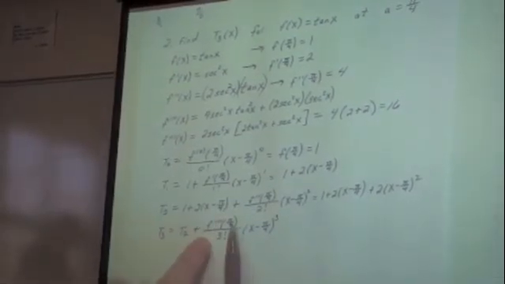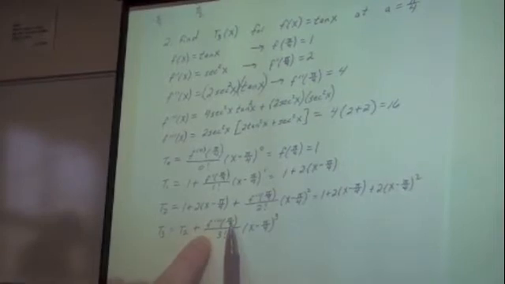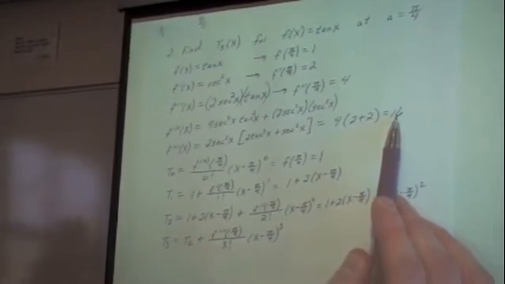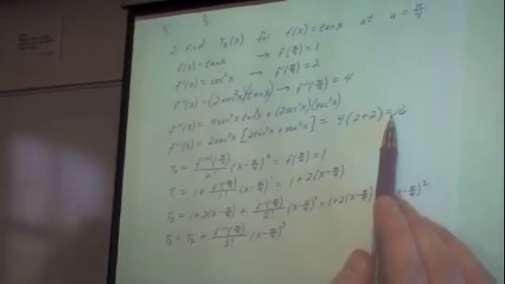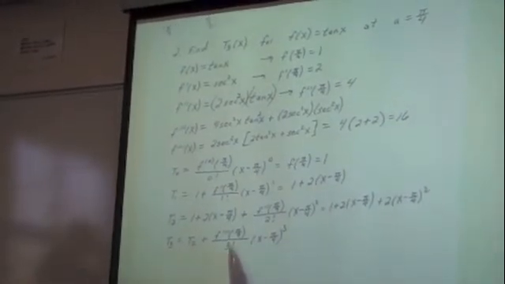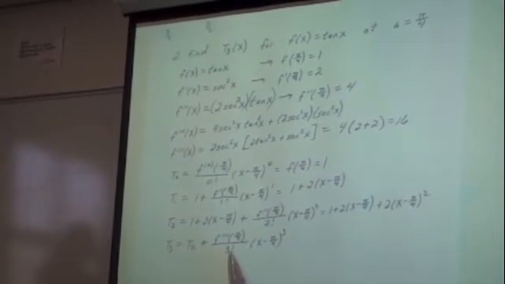Now, whenever I do that, f triple prime of pi over 4, I'm plugging pi over 4 into the third derivative. I get my 16. 16 divided by 3 factorial. You see up on the board, 3 factorial is 6. 16 over 6 is what this would be. I know 16 over 6 will reduce down to 8 over 3.